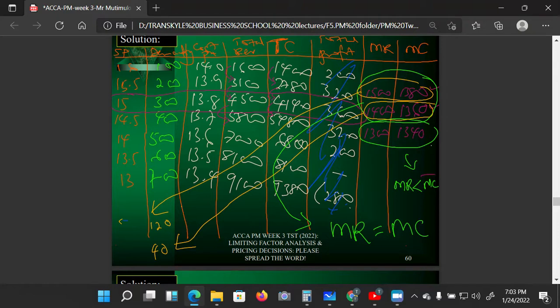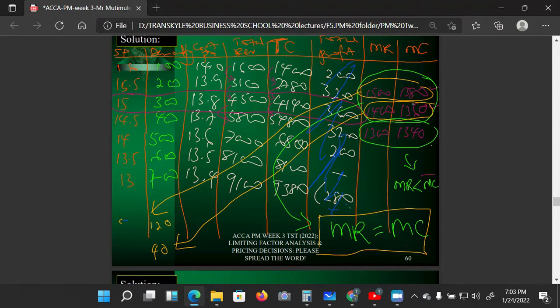Based on that observation, this combination with a difference of 40 is nearer to the economic equation that MC should be equal to MR. 1,400 is almost similar to 1,360, and the other one is a bit far apart.